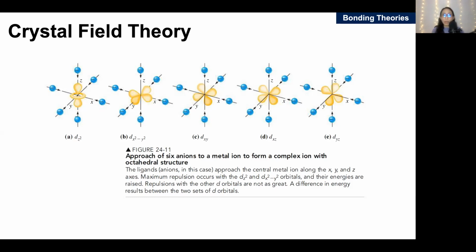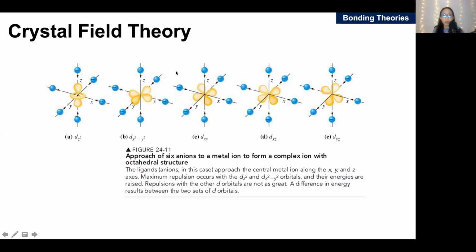To be specific, we must define first the structure of our complex, because the structure of the complex tells us from which direction your ligands will interact with your central metal ion. For example, this figure shows how 6 anions will interact with the central metal ion in an octahedral complex.